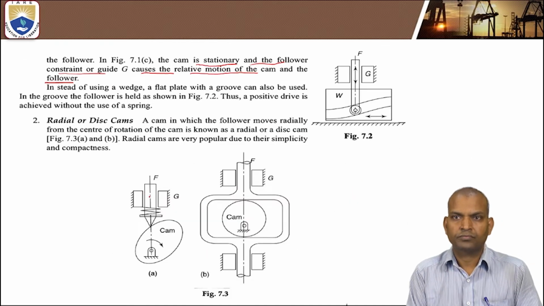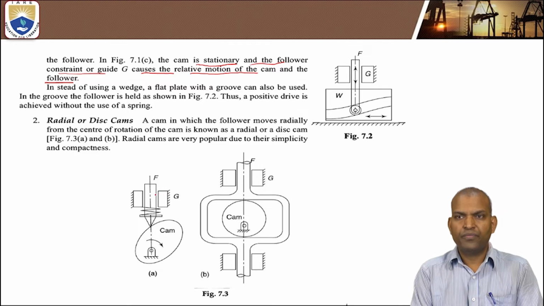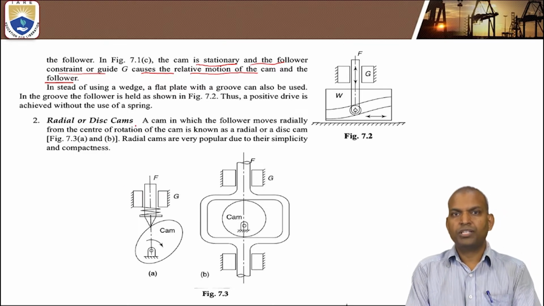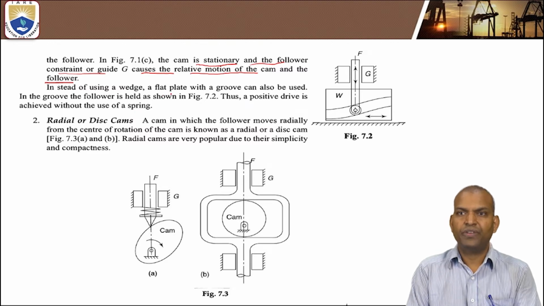Now, one more thing, based on the shape: instead of using a wedge, a flat plate with a groove can also be used in order to transmit a horizontal translatory motion into a vertical translatory motion of the follower.